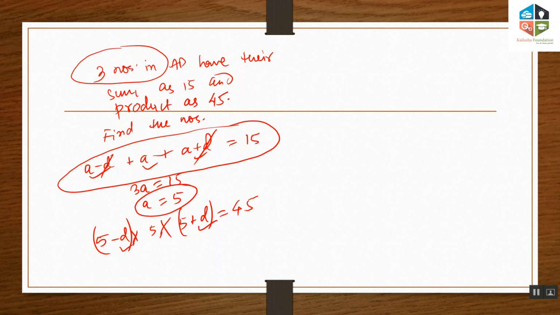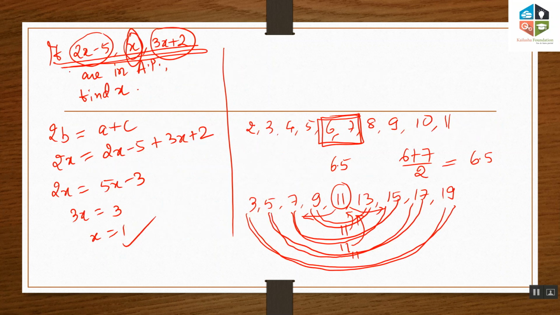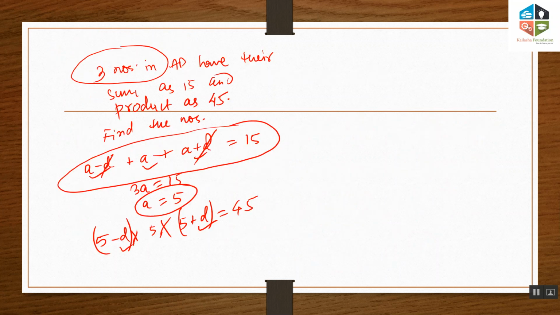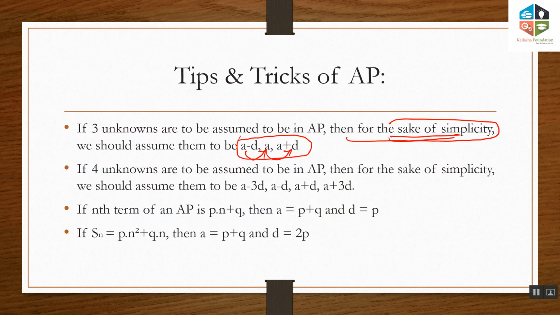It didn't tell us x, y, and z. It just told that three numbers in AP. You assume, you do everything. But in that question, the three numbers were directly given, though in terms of x, but they were given. So these two cases are totally different.